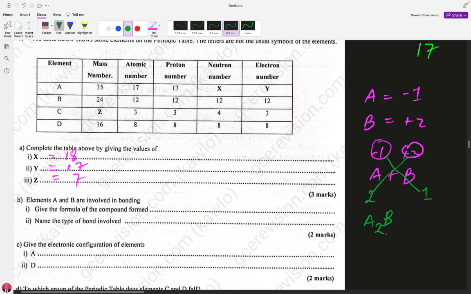So that is the formula, which you can write like that, no problem, or you can write it as BA2. No problem. So let's go back there and write the formula of the compound that is formed.